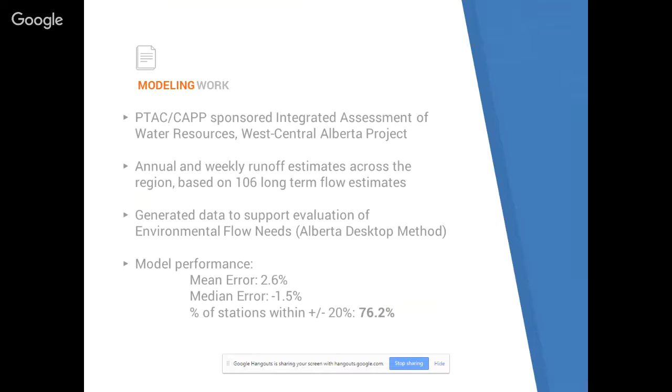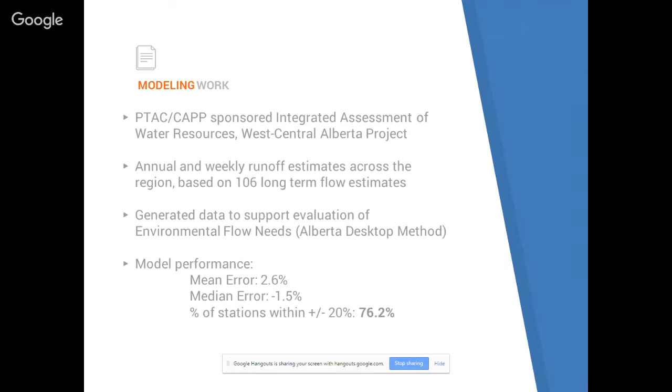So the model that drives the Alberta Water Tool, as I mentioned earlier, was produced through this Integrated Assessment of Water Resources project. And the goal from the outset of that project was to end up with a tool like the Alberta Water Tool. So the modeling that was conducted through that project was crafted to support the needs in terms of the geographic resolution.